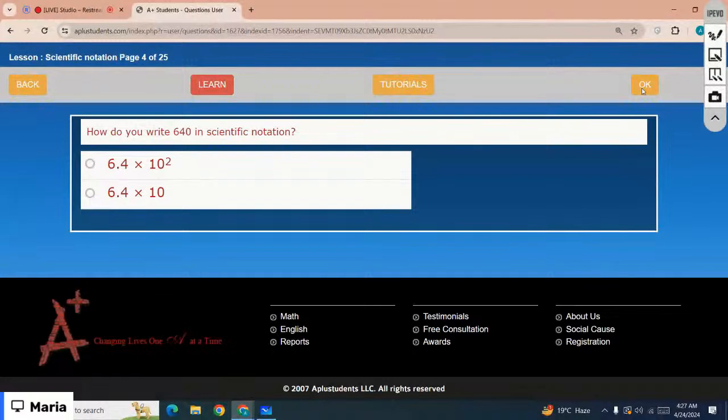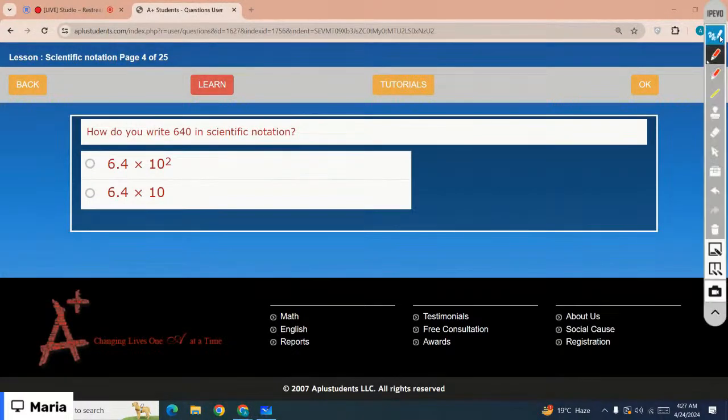So, you have to move the decimal point now left, right? The decimal point is here. Move 1, 2 places left. It would be 6.4 times 10 exponent 2, option number 1 is the correct option, right?